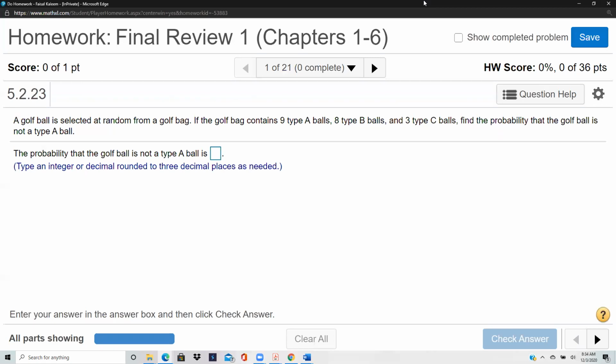Wouldn't we add them all up to get the grand total of how many there are? Right. And it looks like there's 20 altogether.